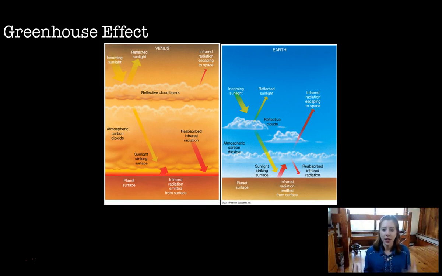And because the planet has a temperature that's greater than absolute zero, it's going to emit thermal radiation back off of its surface. And this is longwave infrared radiation. So the longwave infrared radiation interacts with the greenhouse gases in Venus's atmosphere. Keep in mind that Venus's atmosphere is about 96% carbon dioxide.